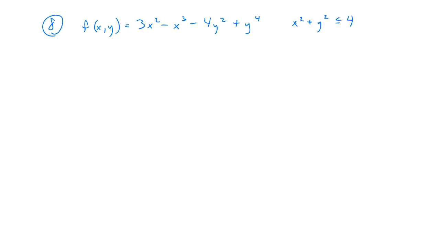Okay, so again, we get the critical values. And in some ways for this part it's fairly nice because our two partials are just in terms of one variable at a time.